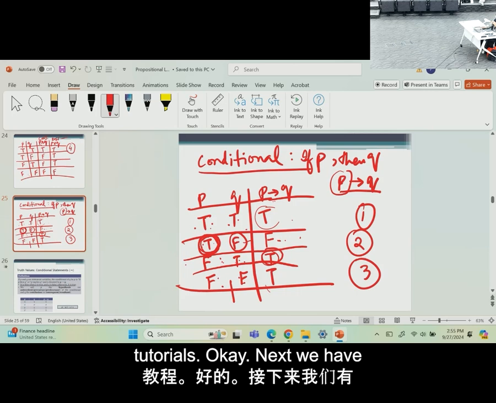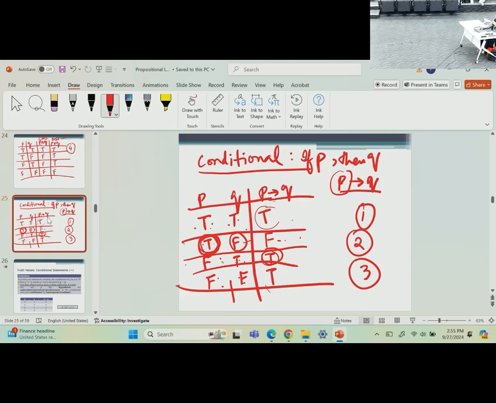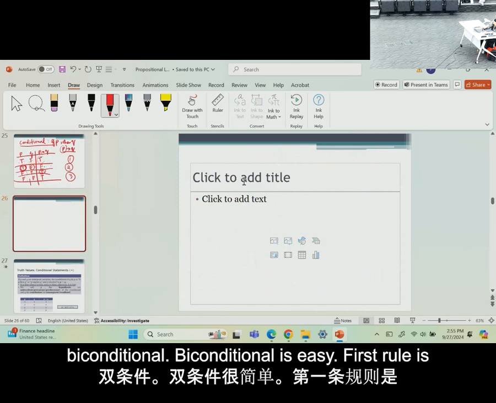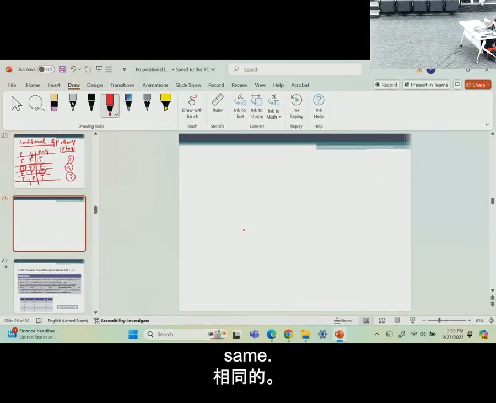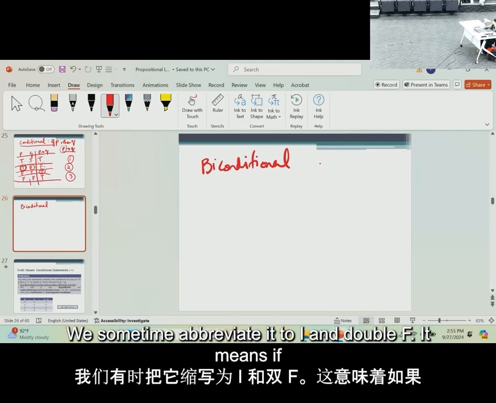Next, we have biconditional. Biconditional is easy. First rule is same. We sometimes abbreviate it to iff.